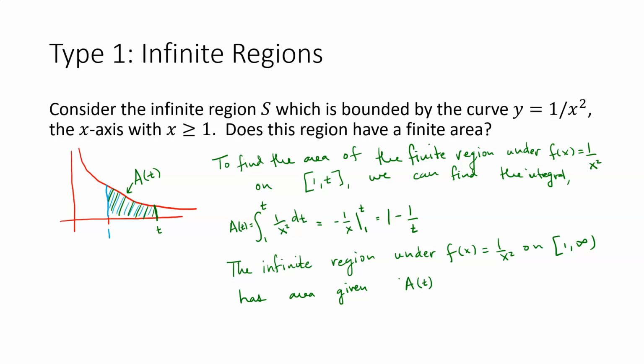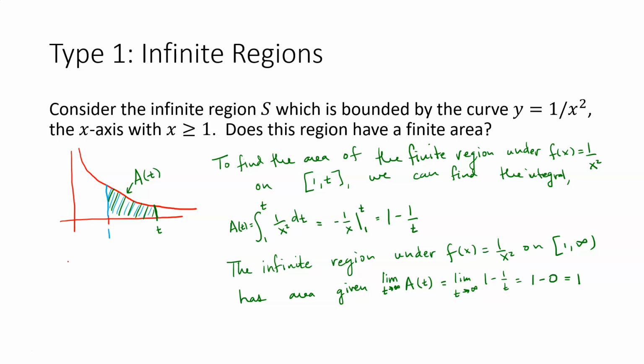So that would be from 1 to t, and we take t to infinity. So given by this limit, we get the limit as t approaches infinity of 1 minus 1 over t. And of course, as t goes to infinity, 1 over t goes to 0. So this limit equals 1.